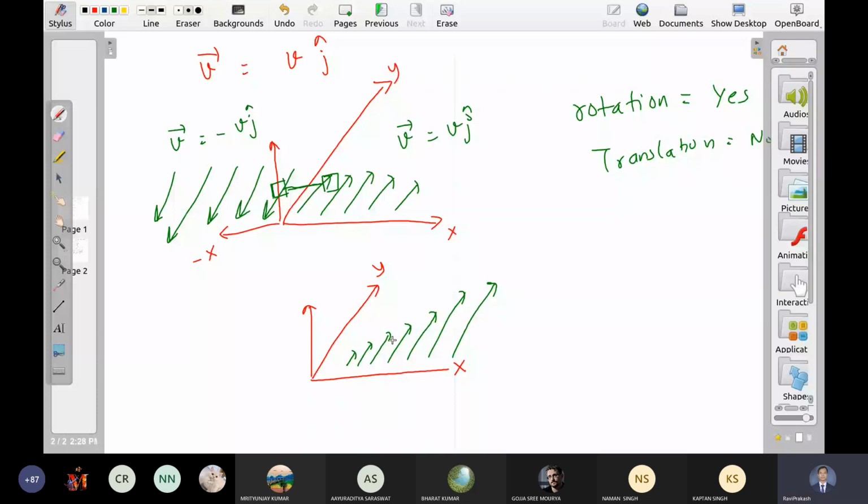The speed component is increasing with x. Let us say I put a pedal wheel here. Is there rotation? It rotates until it becomes horizontal. So there is a momentary rotation, and translation is also there, but we are just ignoring it.